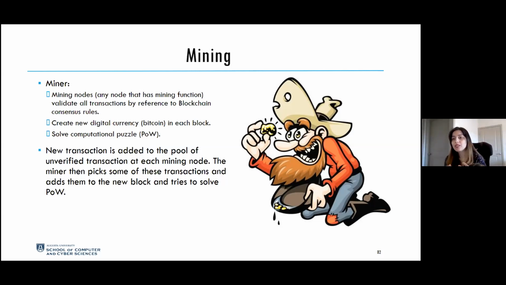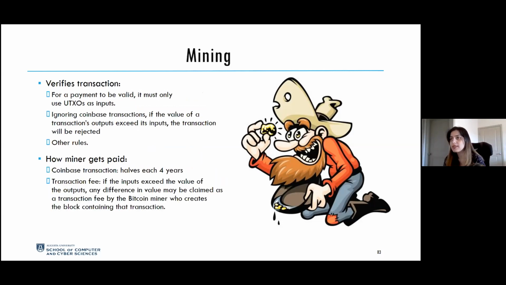So does the miner need to add any transaction to the block? I explained this before. No, he doesn't need to. But the reason for him to do so is that transactions usually may have some amount of money that will be given to the miner. And this is a motivation for the miner to add these transactions.